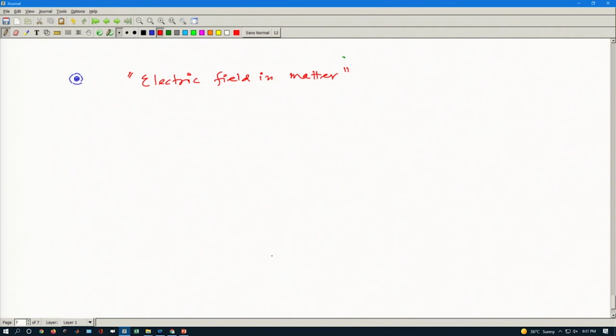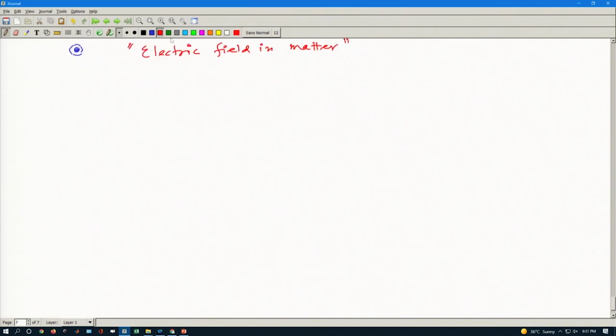Now, we are going to do the same thing, but now our system is different, and that is called the dielectric. A dielectric system, unlike a conductor, does not have any free electron. That is the major difference between dielectric and conductor.